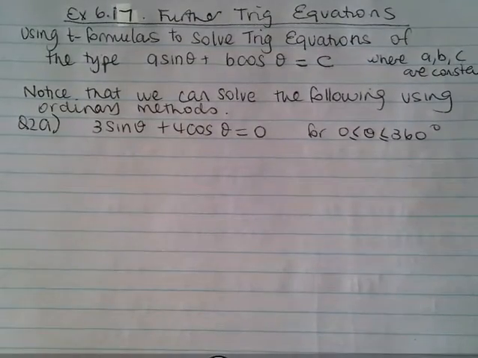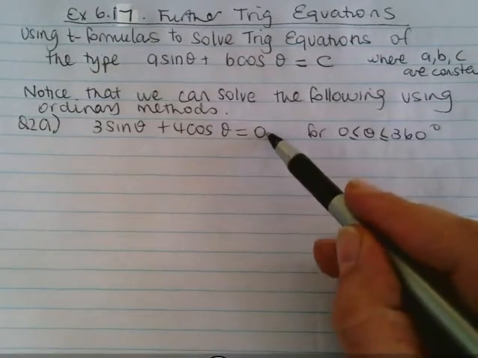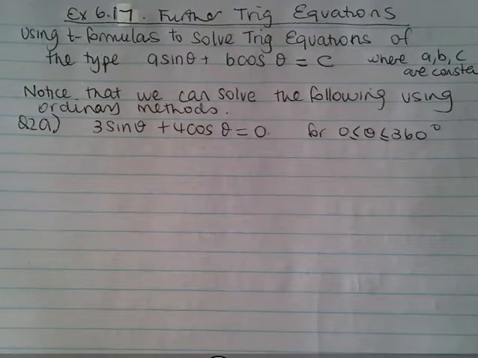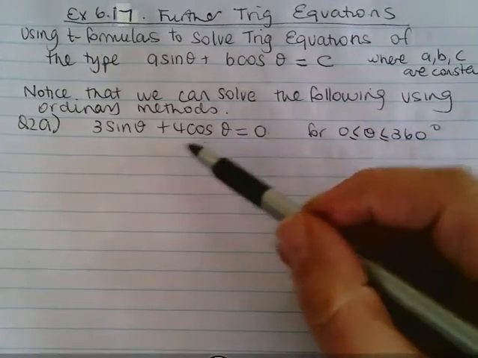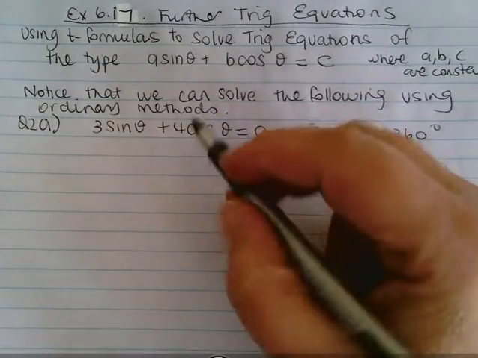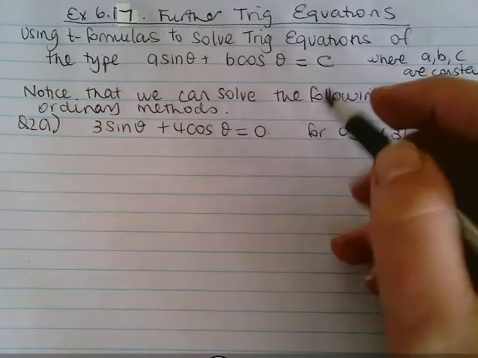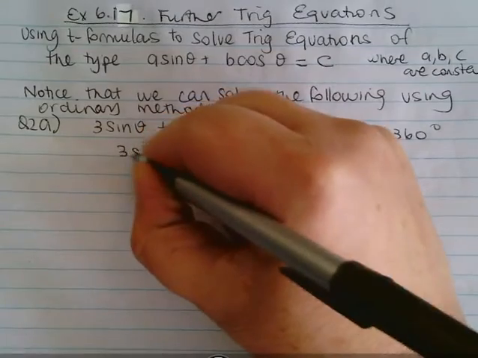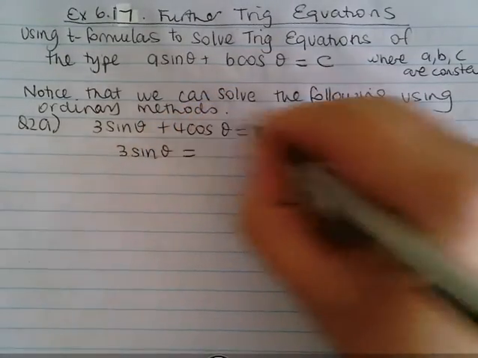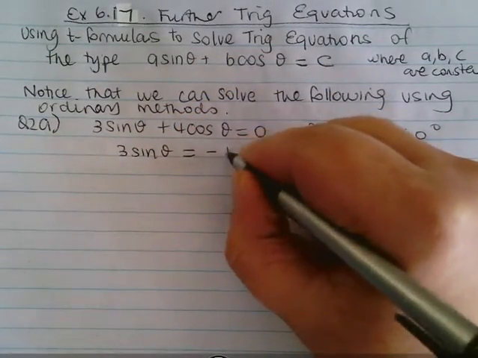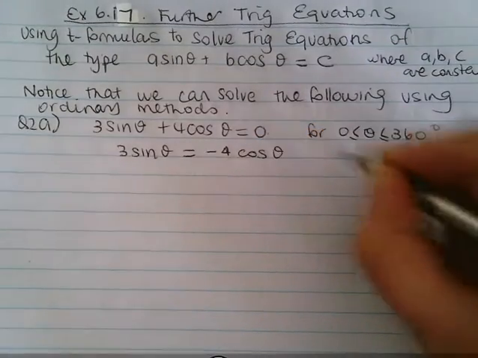When you've only got sine and cos and a 0 there, you can divide by cos to turn it into a tan equation. So here we can either take the 4 cos theta over and then divide, or we can just divide, so we can do that first. 3 sine theta plus 4 cos theta is 0, so 3 sine theta equals negative 4 cos theta.